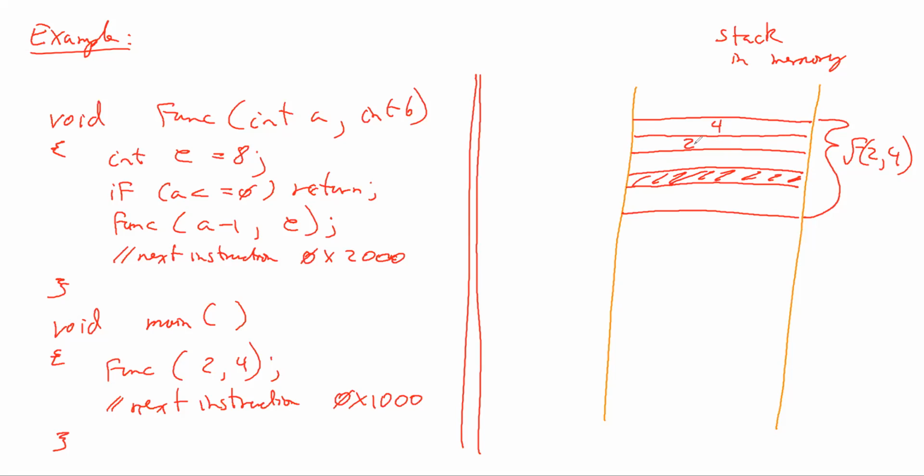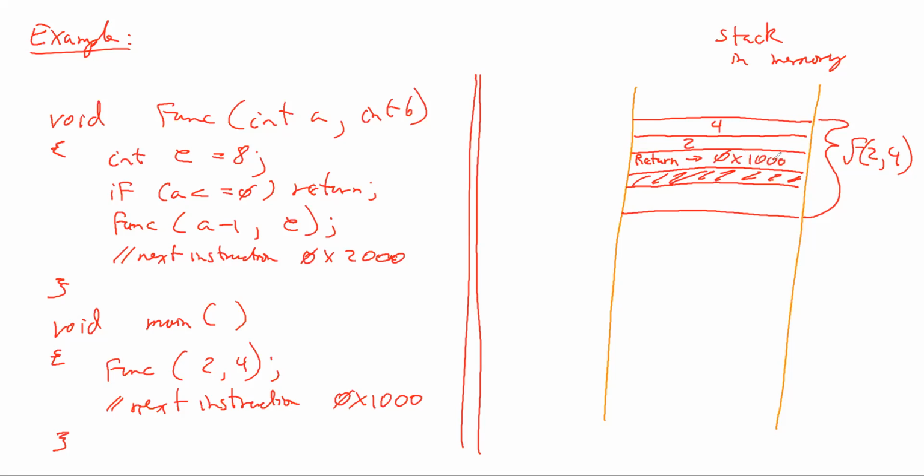Now, what's the return address? The return address goes here. I'm just going to write return, but it implies return address. What value goes there? 0x1000. Yes, excellent. That goes in there. Perfect.